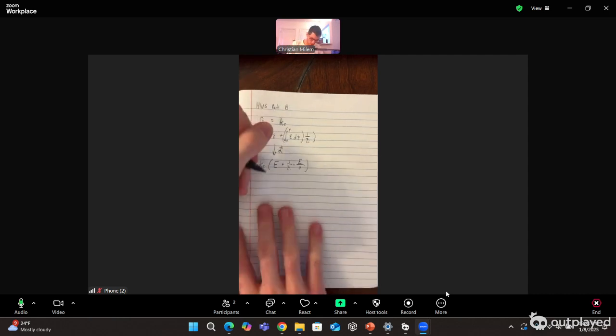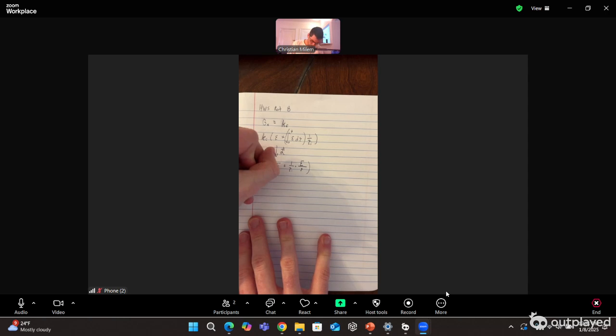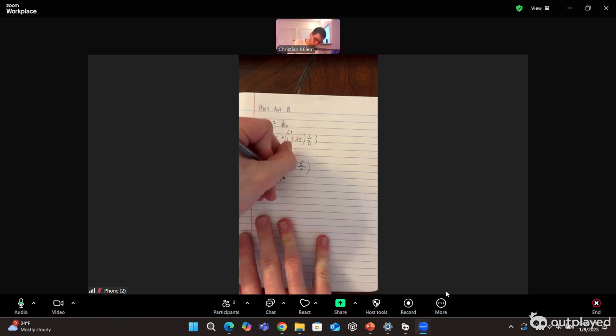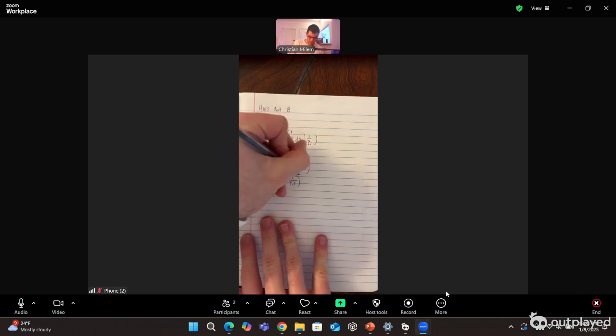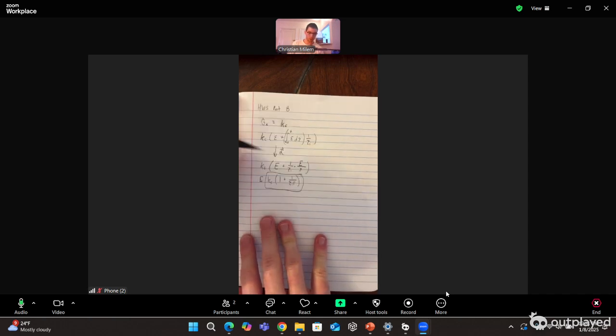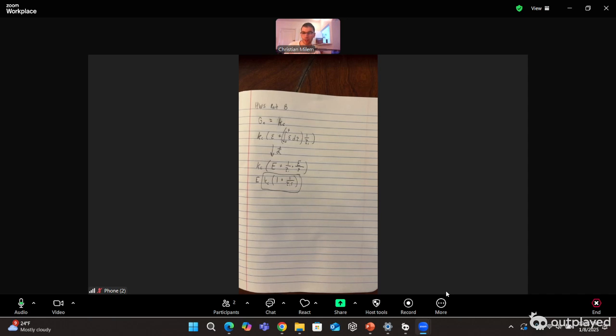So we pull our error out, have KC times 1 plus 1 over tau I S. This right here is our new GC that our Laplace error is being multiplied by.